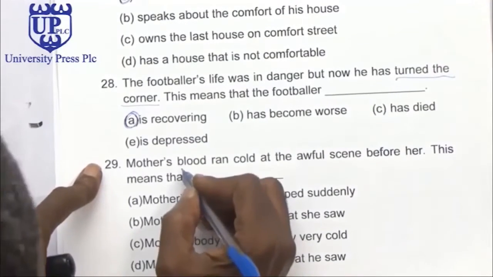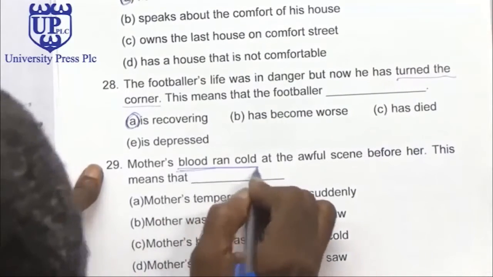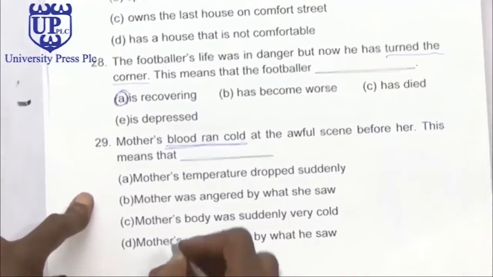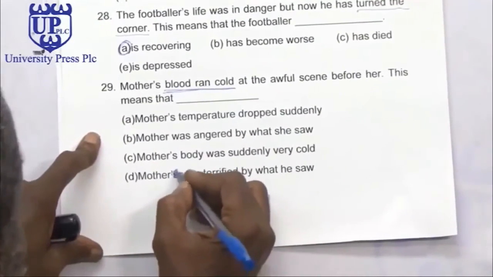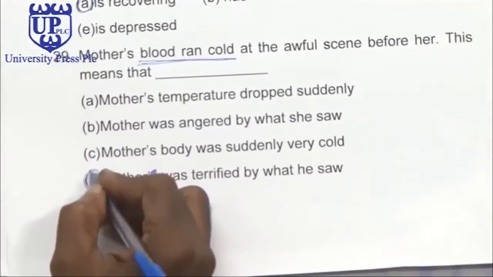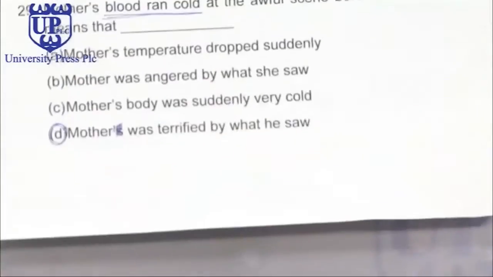When you say somebody's blood ran cold, what does it mean? This means that mother was terrified by what she saw. Her blood ran cold. Mother was terrified by what she saw.